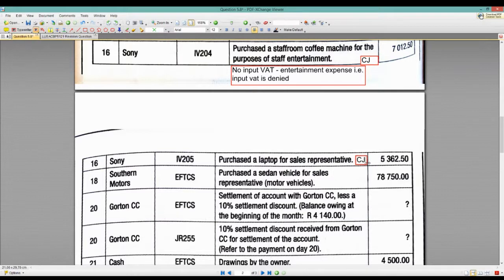Then on the 18th, Southern Motors, we purchased a sedan vehicle for a sales representative, motor vehicle. So this is cash. Okay, because this is for a sales representative and it's seen as motor vehicles, do you think you would be able to claim input VAT on that?